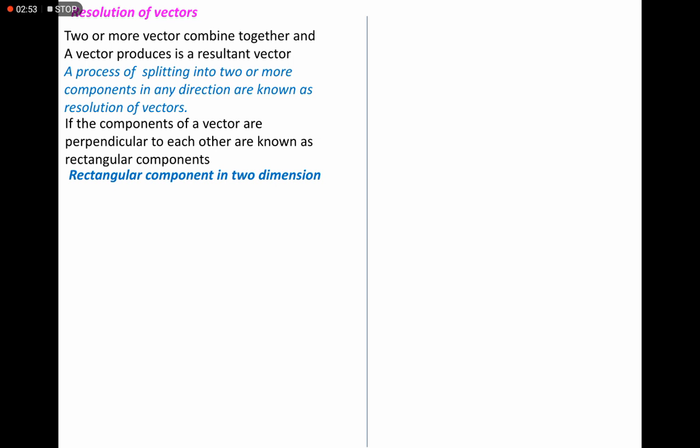So rectangular components in a two-dimension diagram: x-axis, y-axis, O is the origin, and r bar is a vector. It is denoted by OC. Then perpendiculars are drawn from C, that is CA and CB, on the x-axis and y-axis respectively.